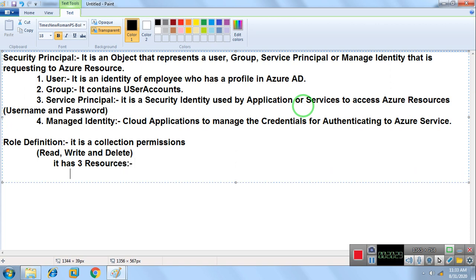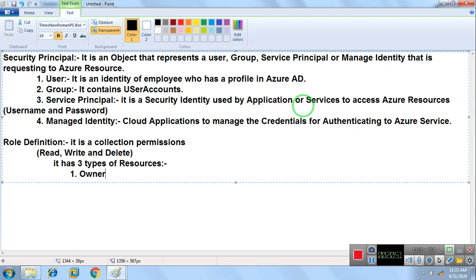Okay, there are types of resources, or you can say it's a role. Number one, we have Owner. So this is one resource, you can say it's a kind of role.